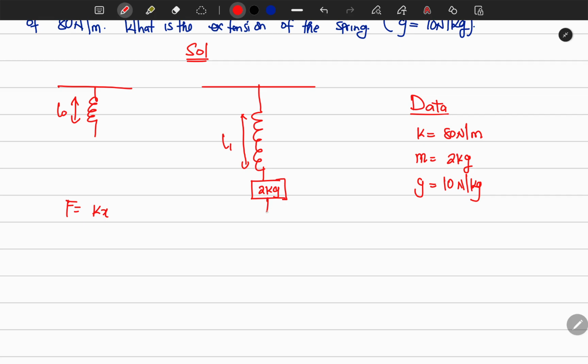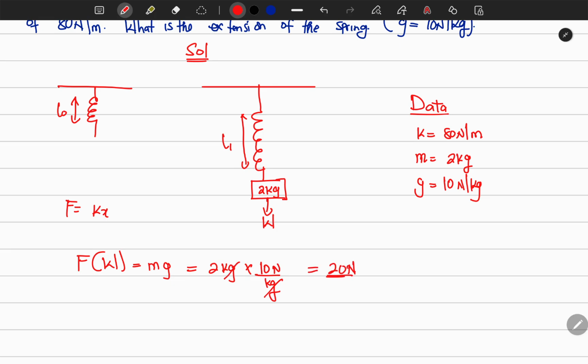In this case, the force we are targeting here is the weight of the object, which is given by mass multiplied by the gravitational field strength. The mass is 2 kg. The g is 10 newton per kg. Kg and kg gone. So we end up having 20 newtons.